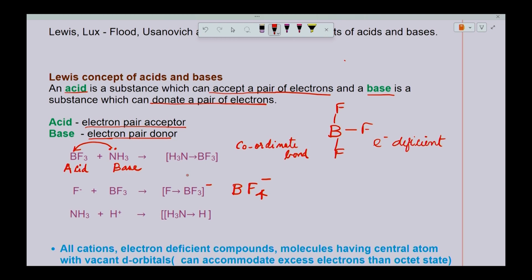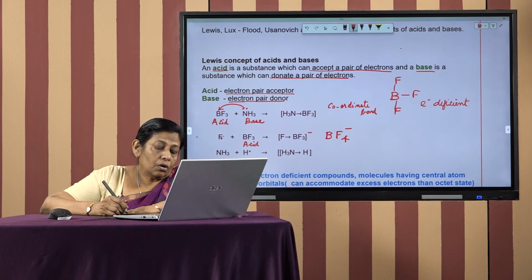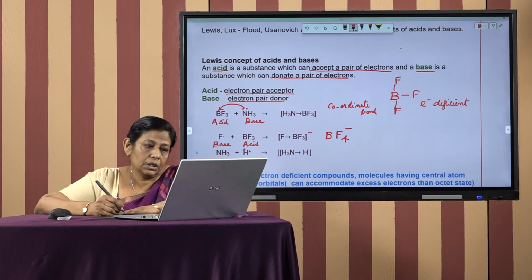Here, the fluoride ion donates a pair of electrons to boron, forming BF4 minus. BF3 accepts, and therefore it is an acid. Fluoride ion donates, and therefore it is a base. All these are based on the Lewis concept.